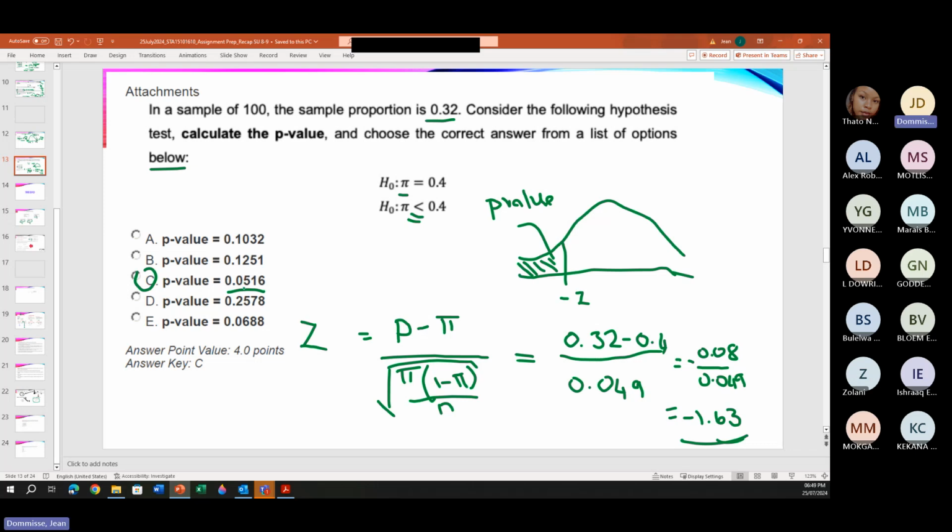Okay, so again, if it was not equal to, then it would have been 2-tail. So if it was not equal to, it would have been 2-tail, and then it would have been option A. So again, just be very careful.